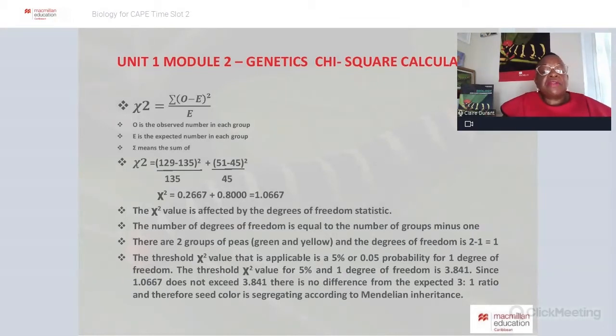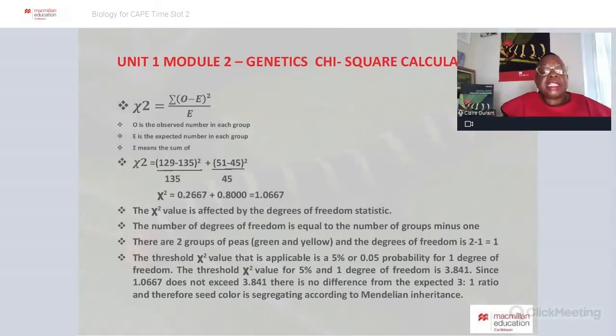And the chi-square value for 5% at 1 degree of freedom is 3.841. So since 1.0667 does not exceed 3.841, there is no difference from the expected 3-to-1 ratio.